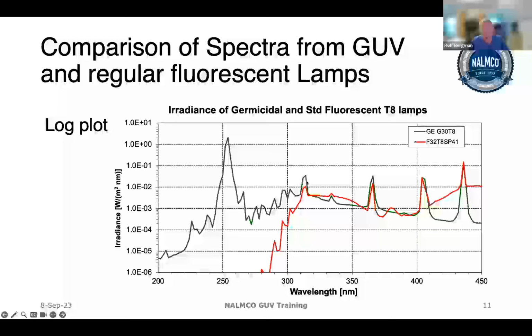You notice that at about 320 nanometers, the red line goes away, going away by the time you get to about 290. So that's the cutoff of the regular glass, which does not allow the UVC to be emitted. Otherwise, you see the spectra look very similar.